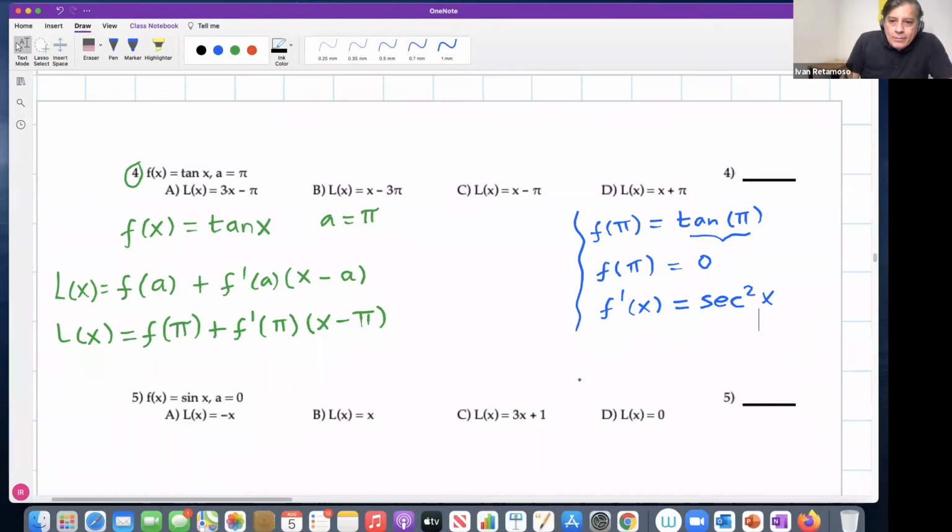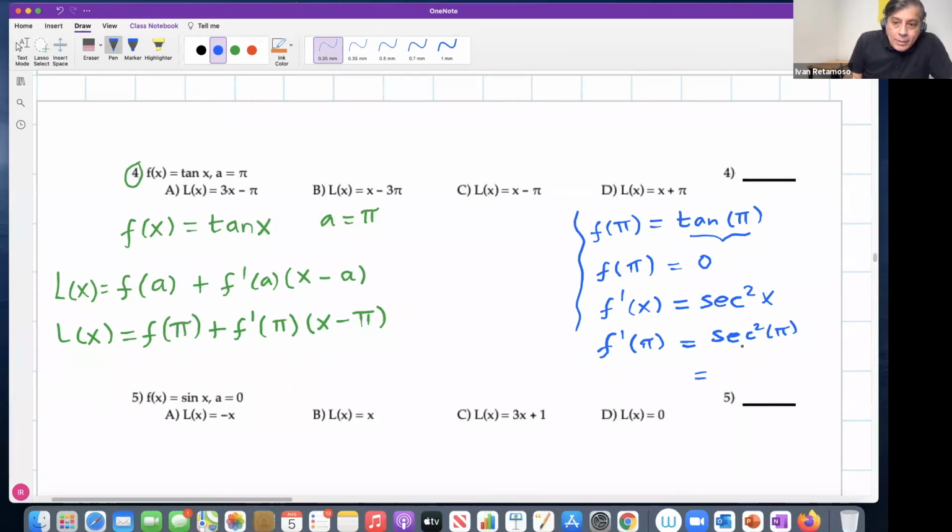Okay, so now we want this evaluation, f prime at pi. So we're going to evaluate secant square of pi. But remember, in the calculator there is no secant. There is sine, cosine, and tangent.